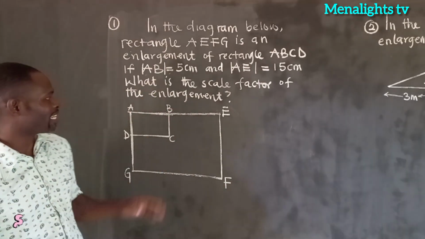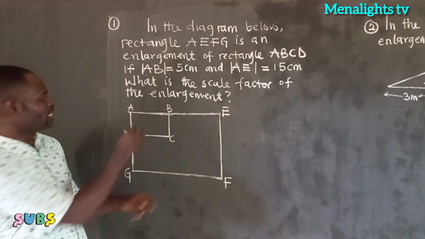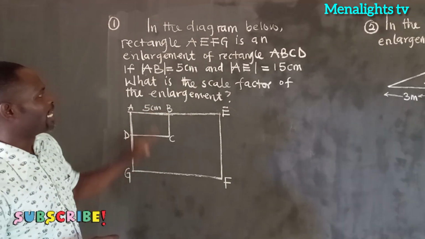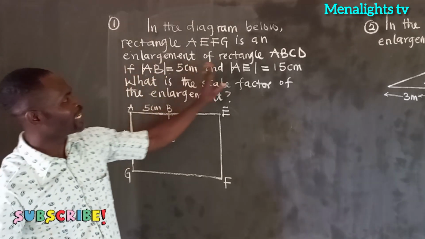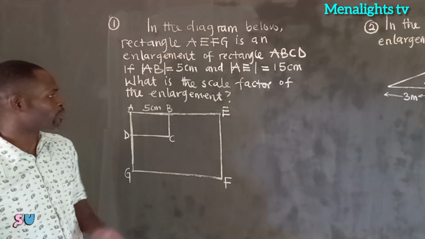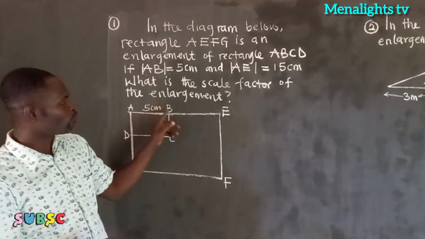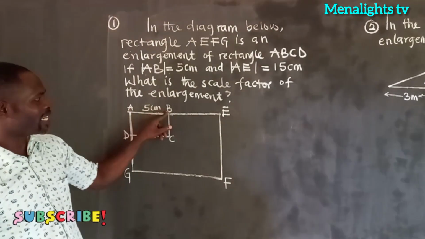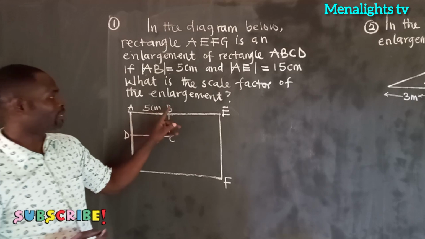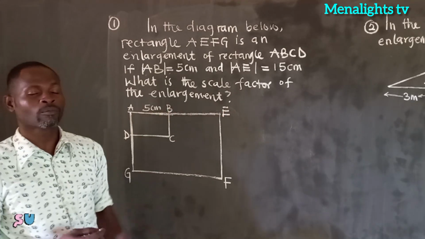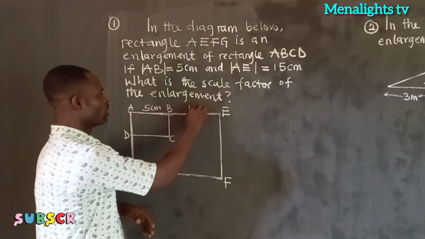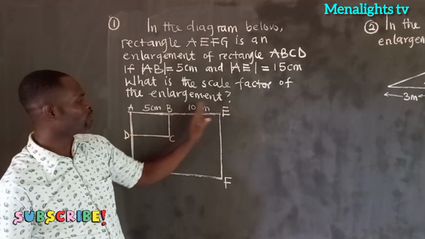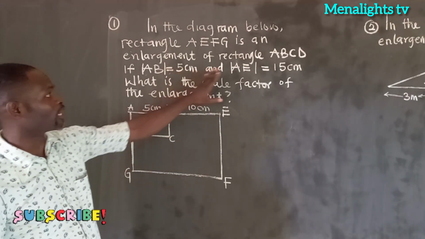From the question, the distance from A to B is given as 5 centimeters, then the distance from A to E is 15 centimeters. So if from A to B is 5 centimeters, that means from B to E is 10 centimeters. In all, we have from A to E 15 centimeters as given in the question.